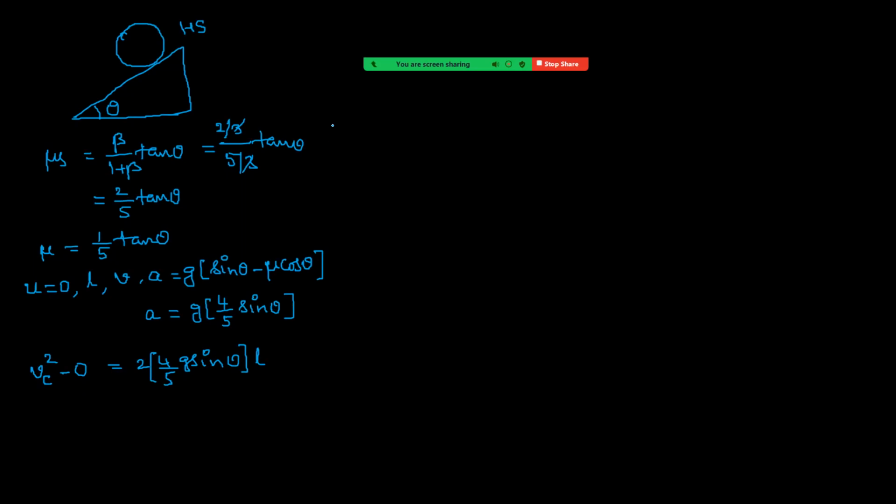Okay. Next, coming to kinetic energy because of rotation. And you can see here rotation is because of the frictional force. Right. So the frictional force is kinetic friction, which is equal to mu into normal reaction. The mu value is 1 upon 5 tan theta.